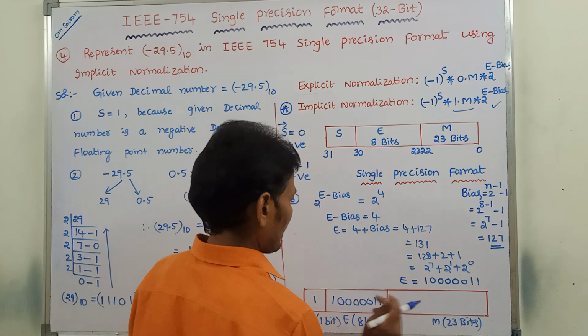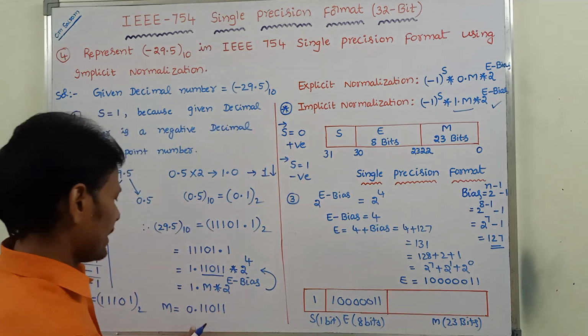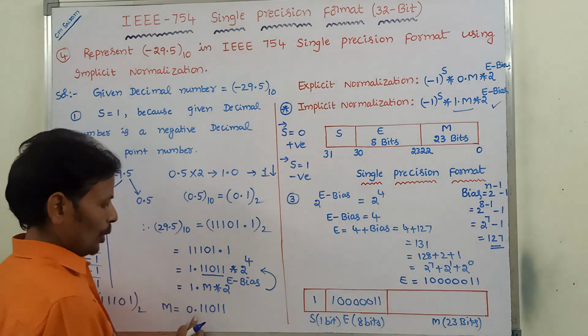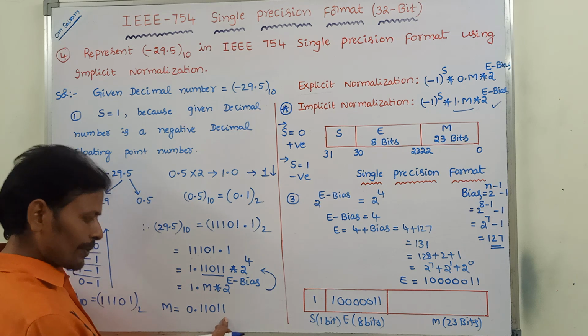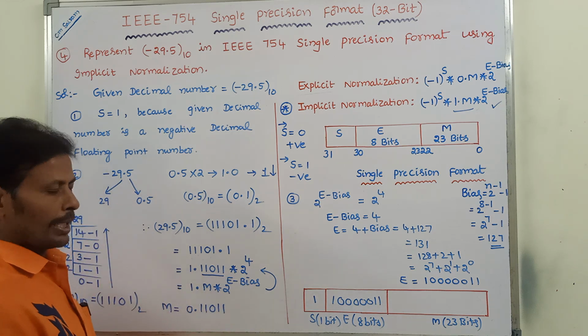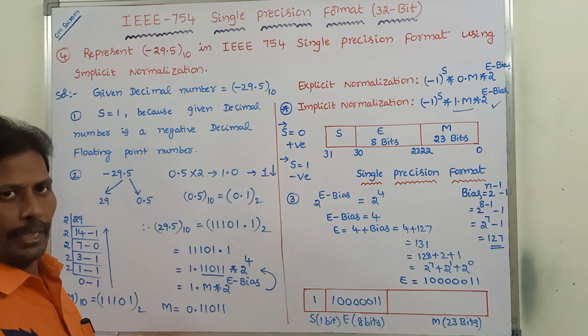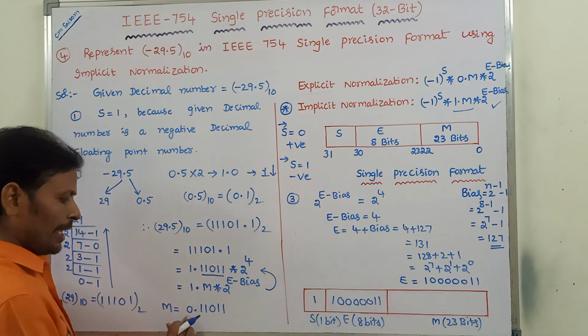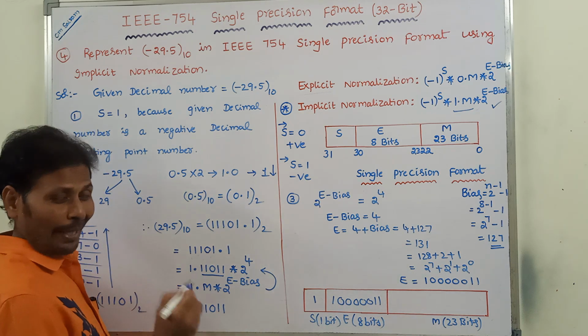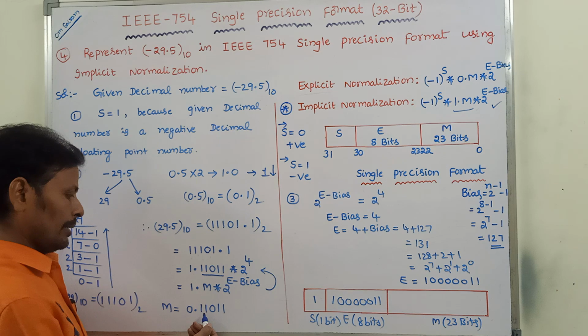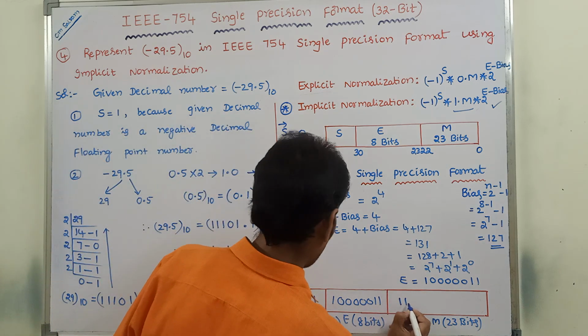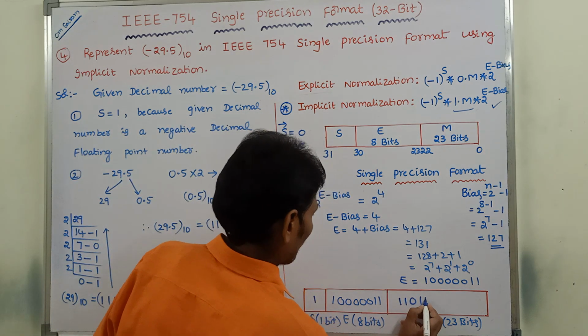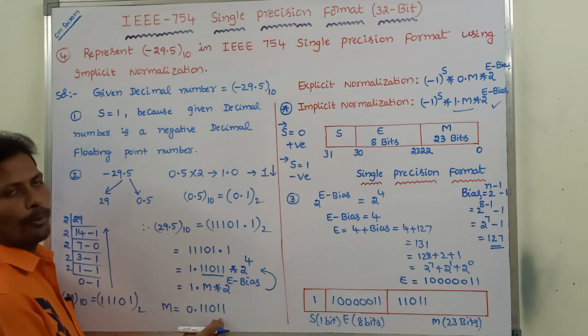Next one, what is the mantissa value? Mantissa value is this one. You have to write only what is after the decimal point. There is no need of including 0 because mantissa is always a fraction number. So 1, 1, 0, 1, 1.